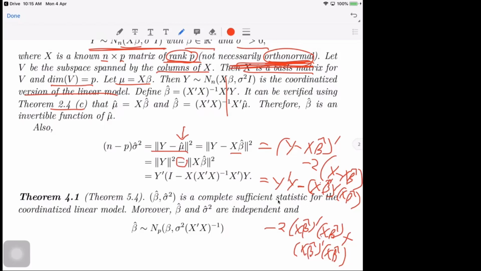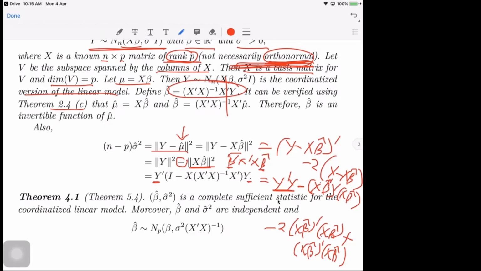And then if we rewrite this in this manner, Y prime Y, and then beta hat prime X prime X beta hat, and then expand beta hat in terms of this. Then you can factor out the Y outside. Are you with me?